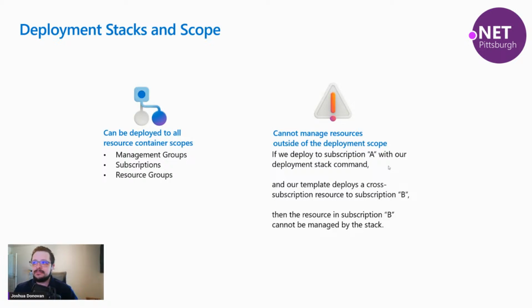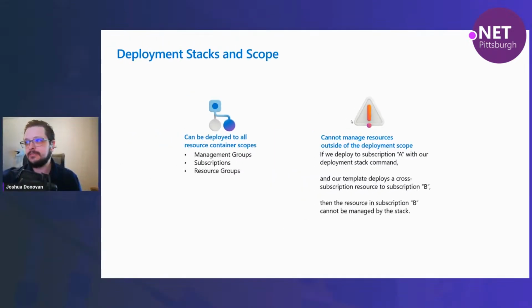As you can see in the big caution symbol, one thing that you can run into if you're doing multiple subscriptions or if your template already does a cross subscription deployment: if you deploy with deployment stacks, let's say to subscription A, and your template already does a cross subscription deployment to, let's say, subscription B, because your deployment stack is deployed to subscription A, it will still deploy that resource, but it won't be able to manage it in subscription B because it's not within scope anymore.